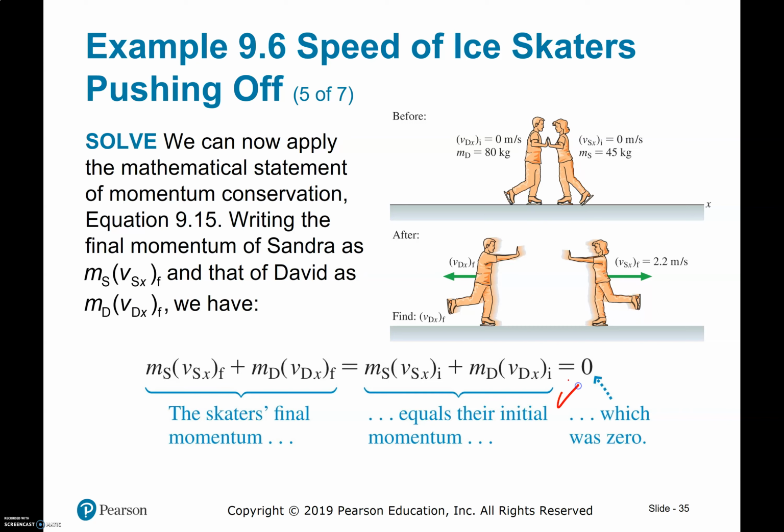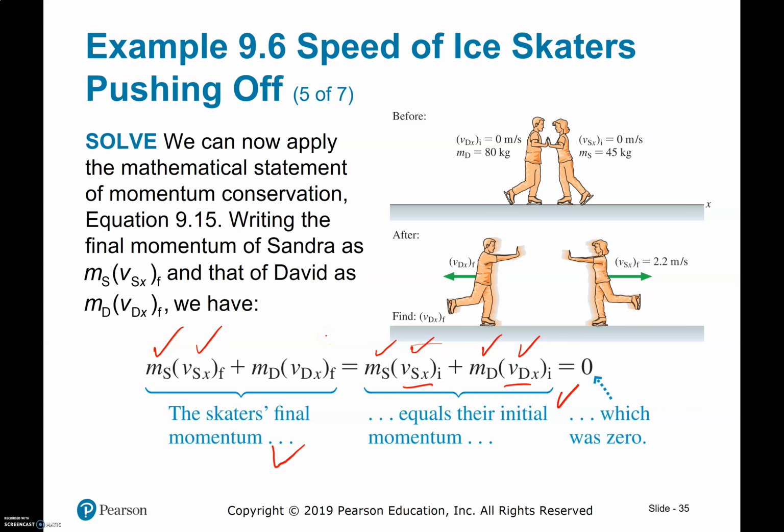So we have initial and final here, right? We have the mass of Sandra times the velocity of Sandra initially, plus the mass of David times the velocity of David. And these two are zero, so this whole thing here is zero, right? So that is equal to whatever total momentum I have at the end, which is mass of Sandra times final velocity of Sandra, plus mass of David times final velocity of David.